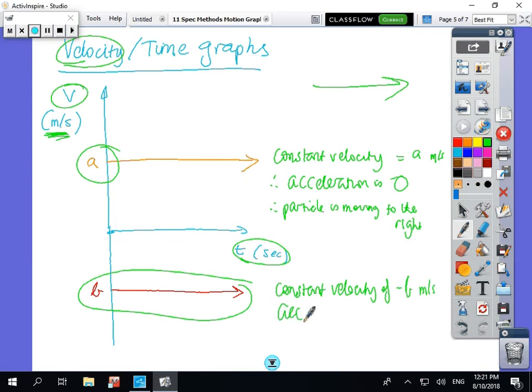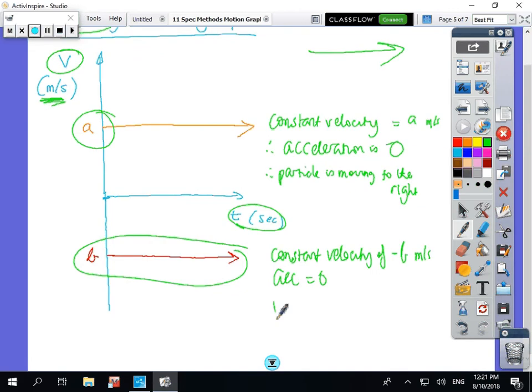Its acceleration is 0, and this time the particle is moving to the left. This is a negative number, which means that the particle must be moving in the opposite direction. Don't mix up speed.